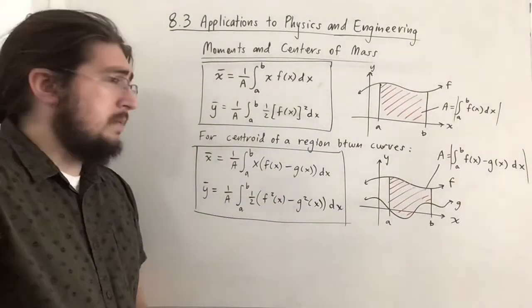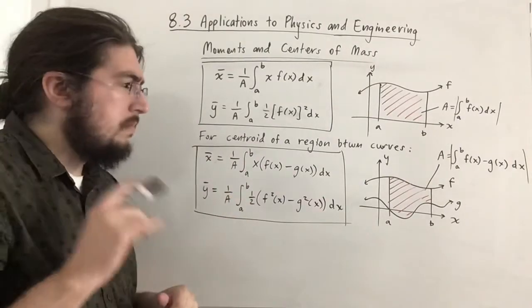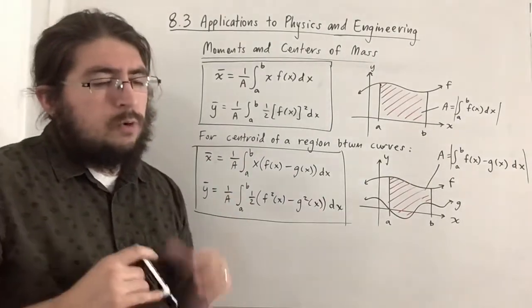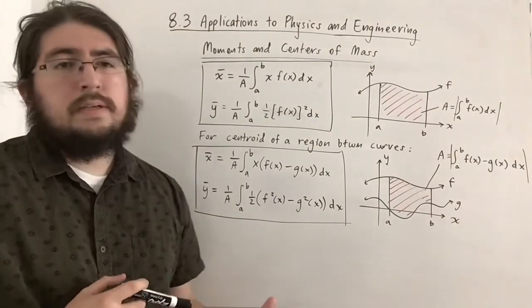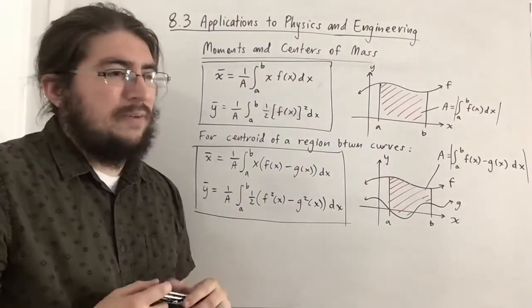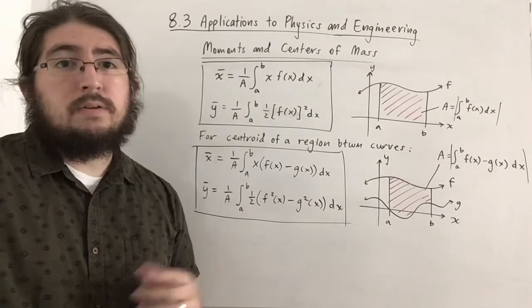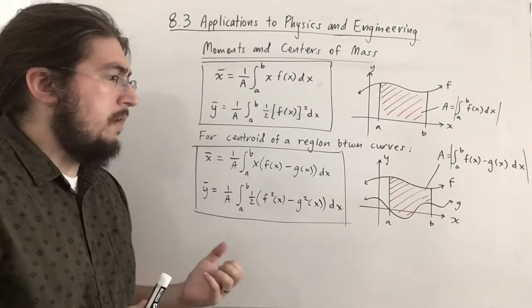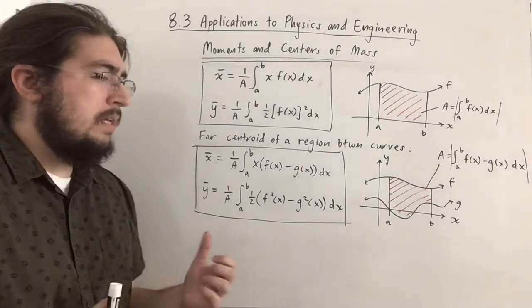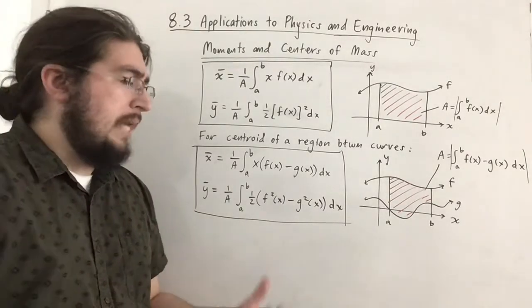We'll see a few examples now, but before we move on, I want to state something. There's a really nice result at the end of 8.3 in the book called the Theorem of Pappus, who, I hope I'm pronouncing that right, was an ancient Greek mathematician who lived in Alexandria. I don't know if it was his result or not, but it's definitely named after him.